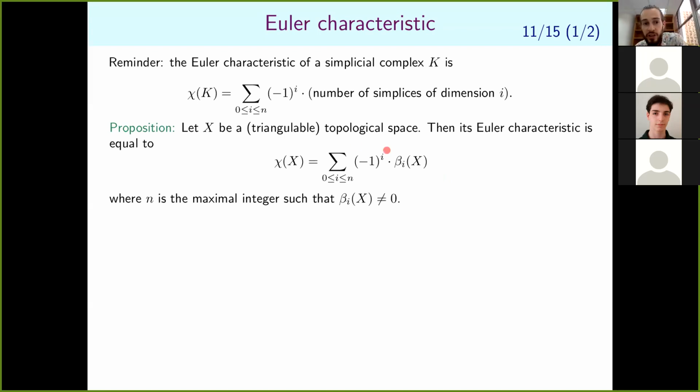You just take the alternating sum of the Betti numbers and you obtain something which is its Euler characteristic. So one can say the Euler characteristic is an information already included in the Betti numbers of your space.